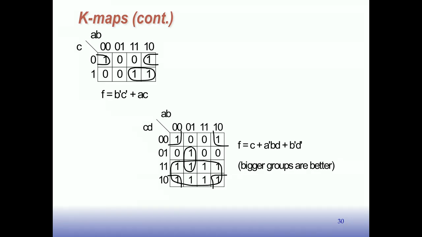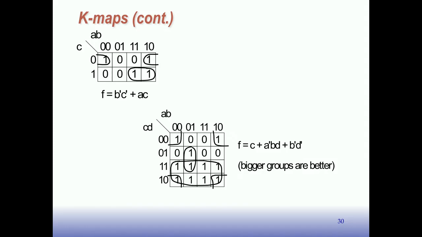Now, we could circle that 1. If we circled that 1 by itself, its term would have 4 variables in it. So we might as well capture this one, and we can reuse ones in multiple groups.